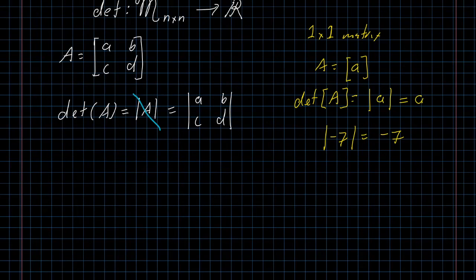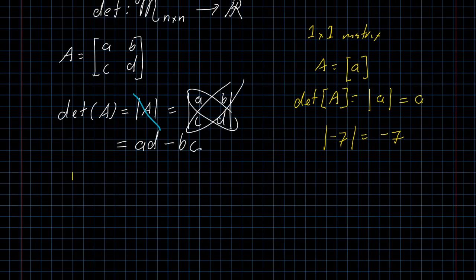All right. The definition of the determinant of a 2-by-2 matrix, I always think of as diagonals. Take the main diagonal, take the off diagonal, and subtract them. ad minus bc. That is the definition of the determinant of a 2-by-2 matrix.